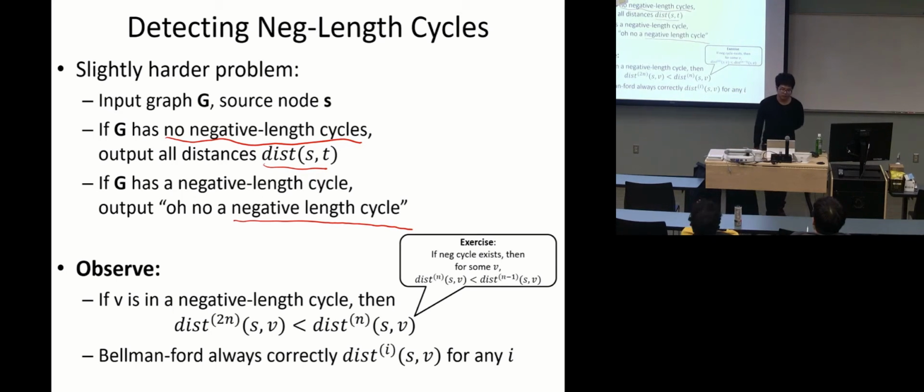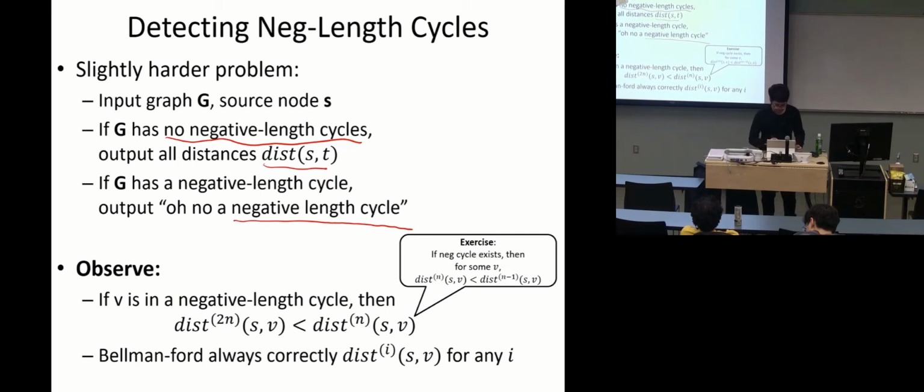Okay. So, anyone have ideas to share why this should be true? Yeah. If the cycle is negative length, then you're just going to be decreasing distance, right? So if you run through it more than once, it's going to be lower than your original distance. Yeah, exactly. Very good.